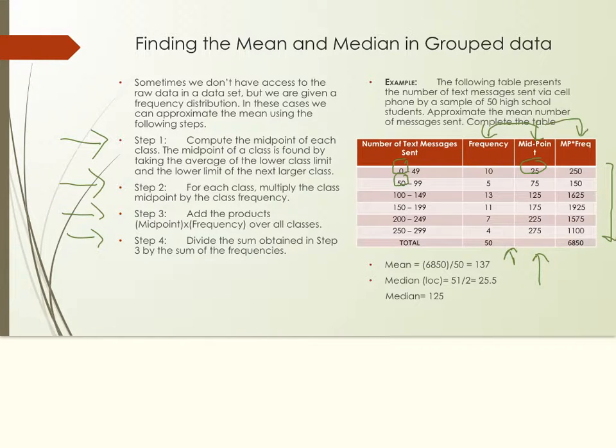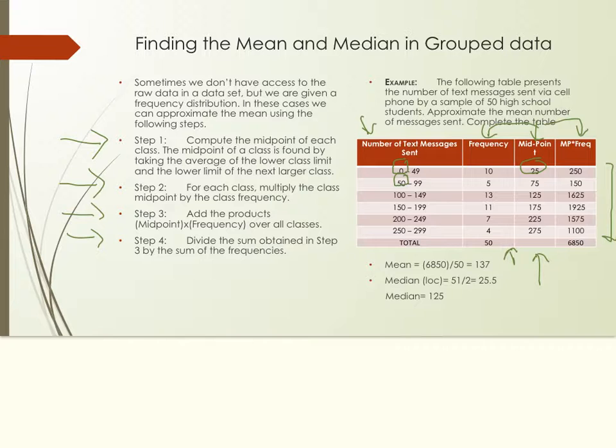So in the example of the number of text messages sent by phone, a sample of 50 high school students, and then the frequency of the number of messages sent. So the classes go from 0 to 49, 50 to 99, and so forth, all the way down to 250 to 299.